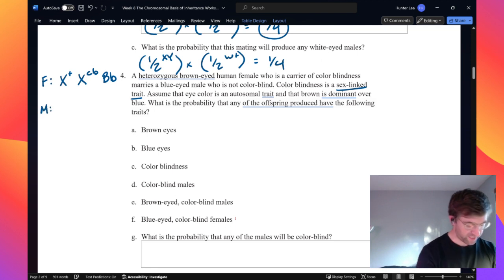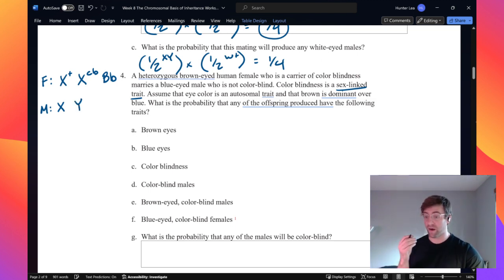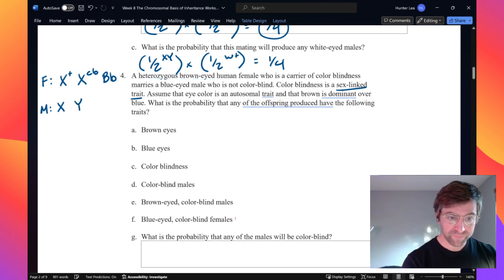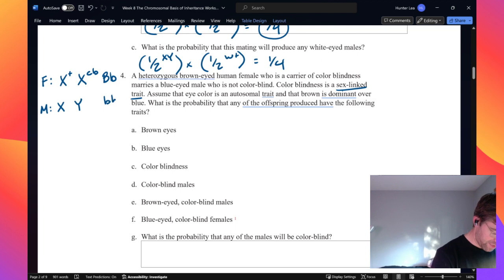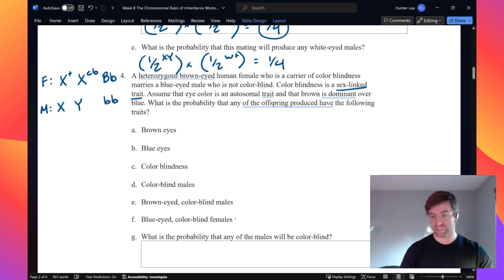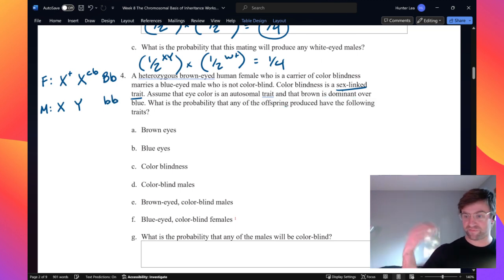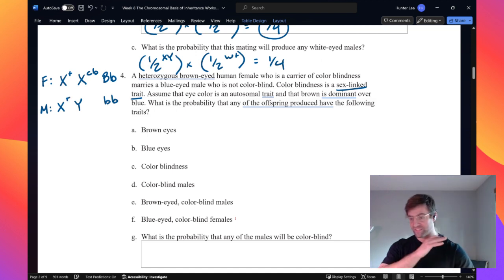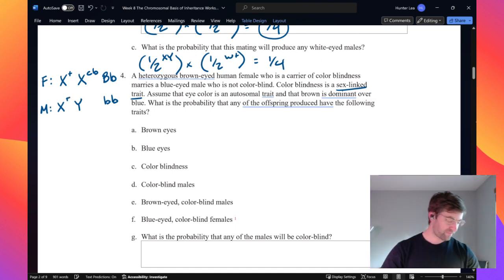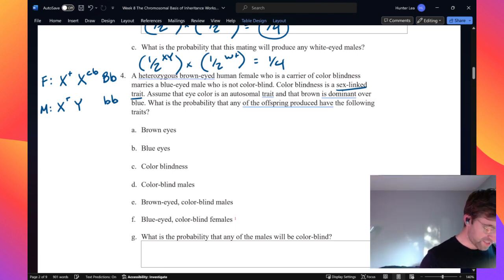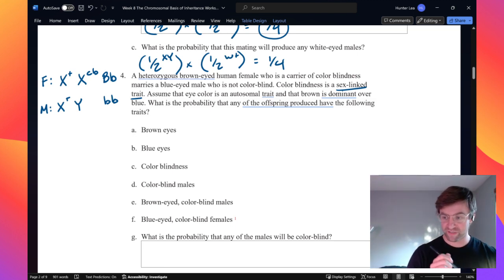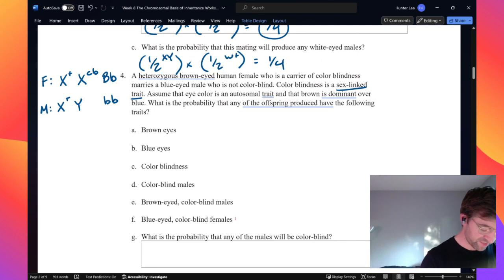Our male in this case has to have XY. And because they are not colorblind, blue-eyed male who is not colorblind, the blue-eyed male must therefore be homozygous recessive for blue eyes for that gene to be expressed. And they just have the standard color vision, because if the colorblind gene appeared on the X chromosome, it would be expressed.